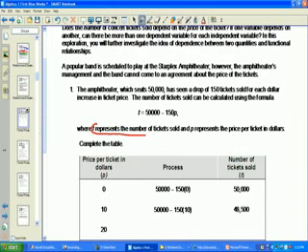Everybody ready? We're gonna circle T, represents the number of tickets sold. And P represents the price per ticket. Everybody got it? So we know where each one is going to, right?